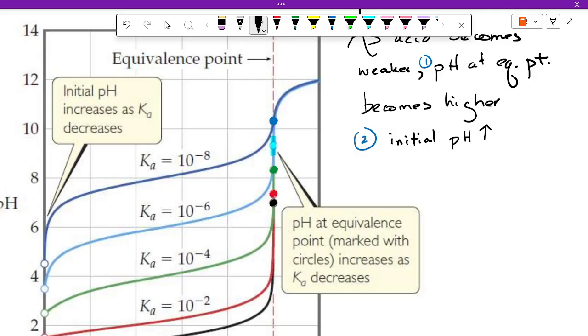And of course, the pH at the half equivalence point increases because what is pH at the half equivalence point equal to? It's equal to pKa.